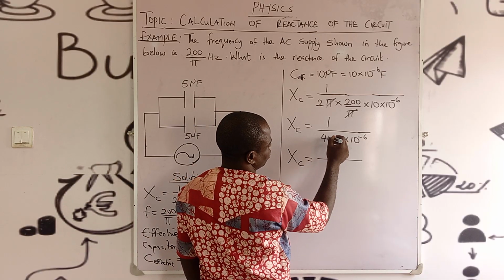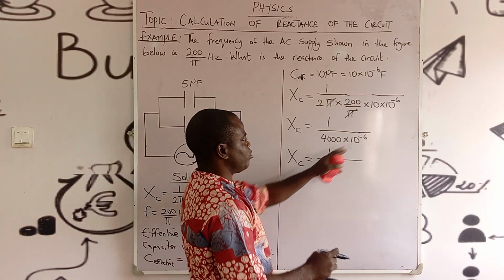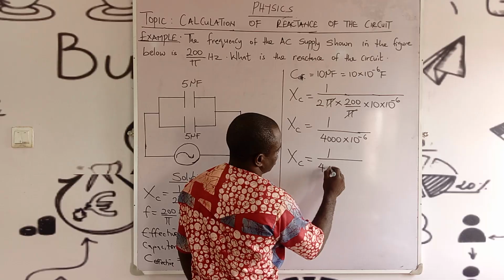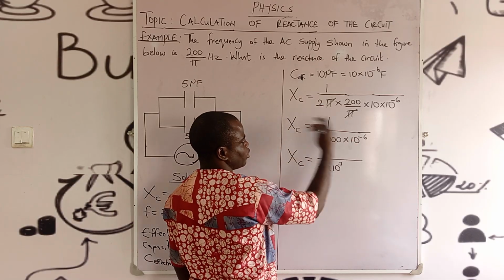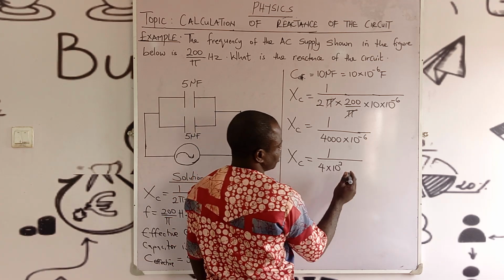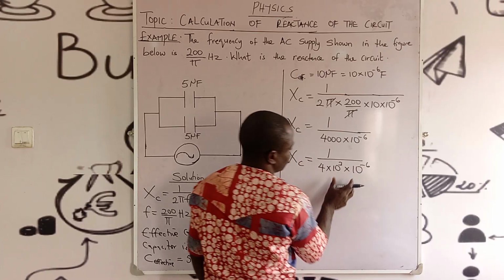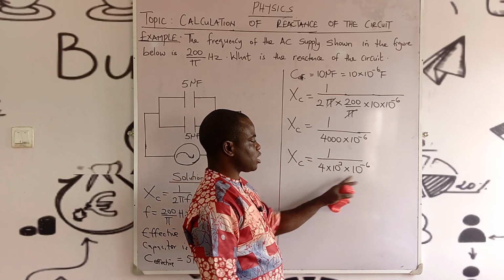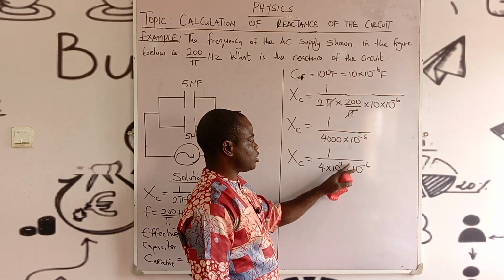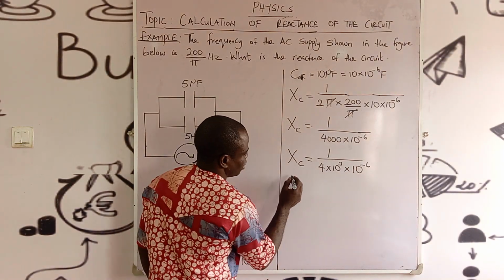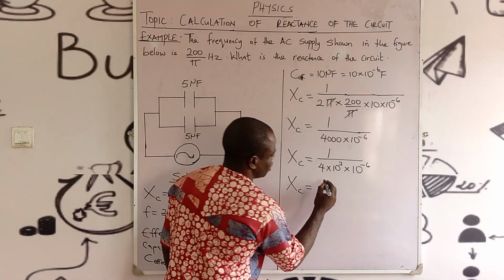Shift 3 times, 1, 2, 3, so that I can combine the power. That's 4 times 10 to the power 3. We are shifting from right to left, so it will be a positive power, times 10 raised to the power minus 6. That's a law of indices.